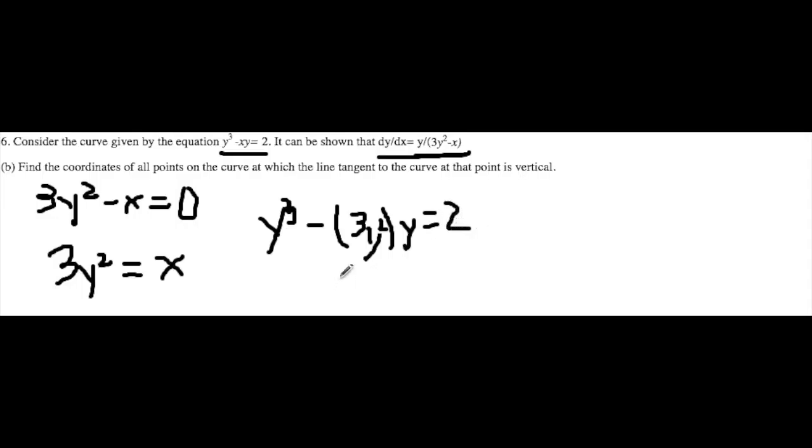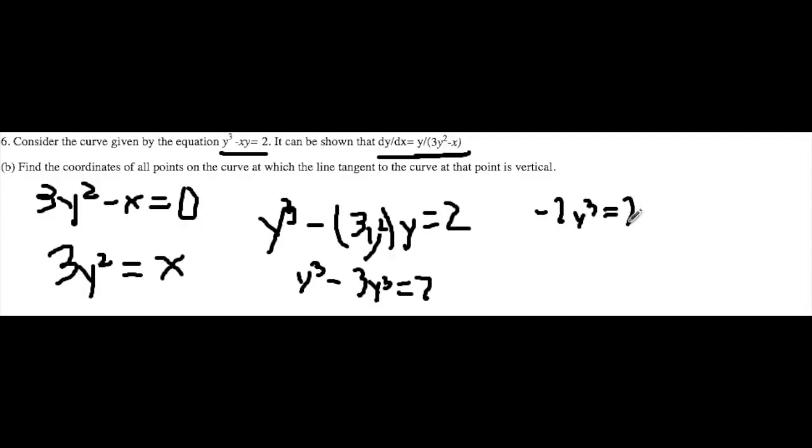So now we just solve for y, so this will be y cubed minus 3y cubed equals 2, and then y cubed minus 3y cubed equals negative 2y cubed equals 2.